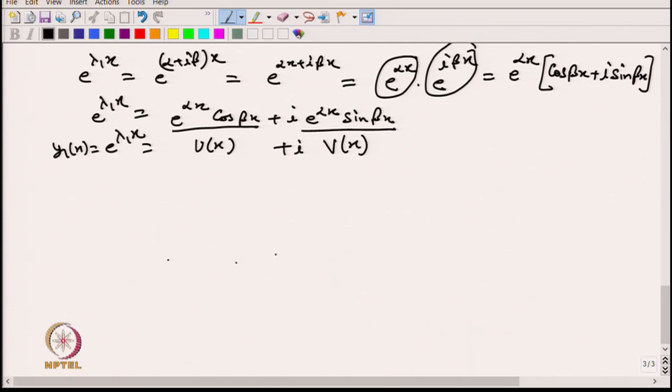So, let us put this in differential equation 1, because this is the solution of that equation.